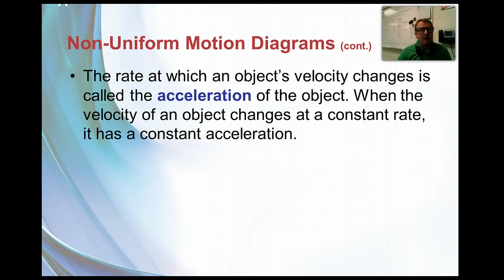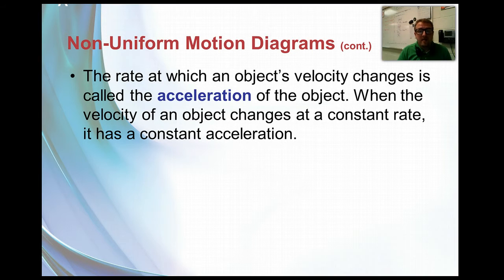All right, the formal definition of acceleration is the rate at which an object's velocity changes. Now, when we're talking about a rate, we're talking about a change in velocity, and rates always deal with time. So it must be a change in an object's velocity per time or per time interval.